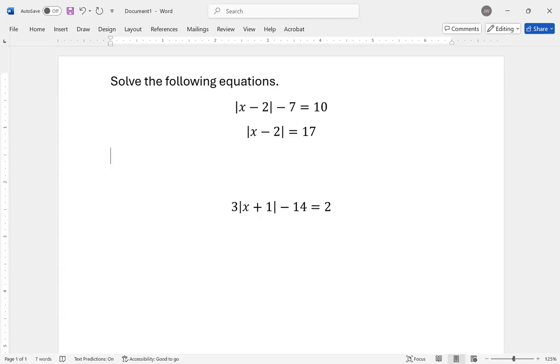Now, to make this equation true, the thing inside here could be positive 17, or the thing inside here could be equal to negative 17. So that's how I set up my two equations. I say x minus 2 is equal to 17, or x minus 2 is equal to negative 17.